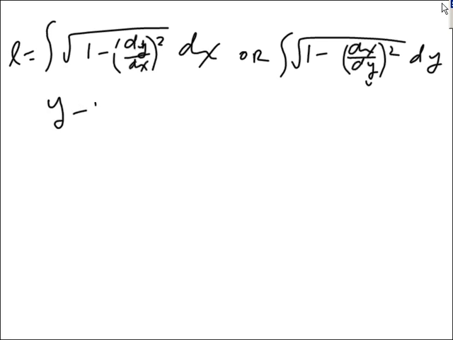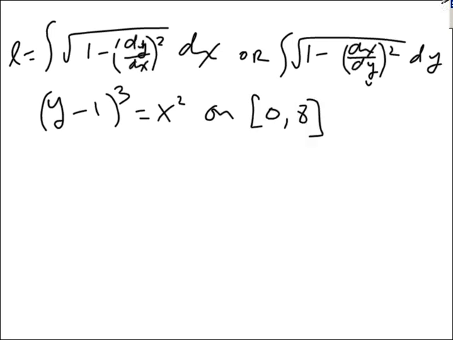Suppose you were told that x minus y minus 1 cubed is equal to x squared, and you want to find the arc length on 0, say to 8. So now, we can solve this for y.